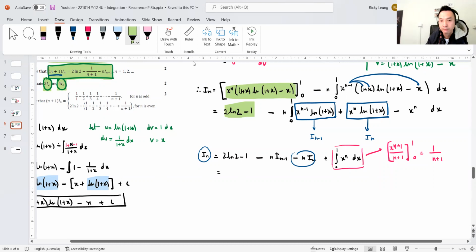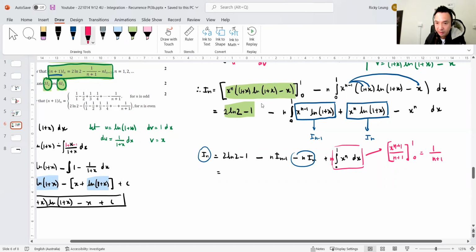Oh, what am I missing there? Oh, no, sorry, my bad. This thing here had an n in front.